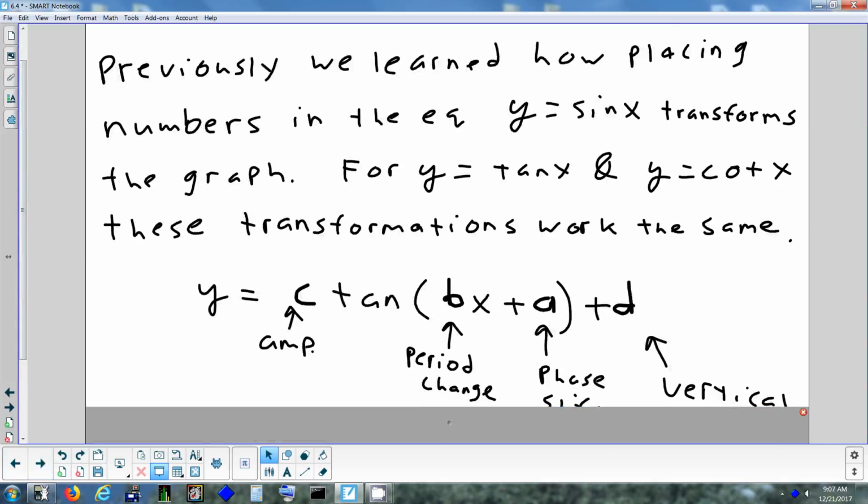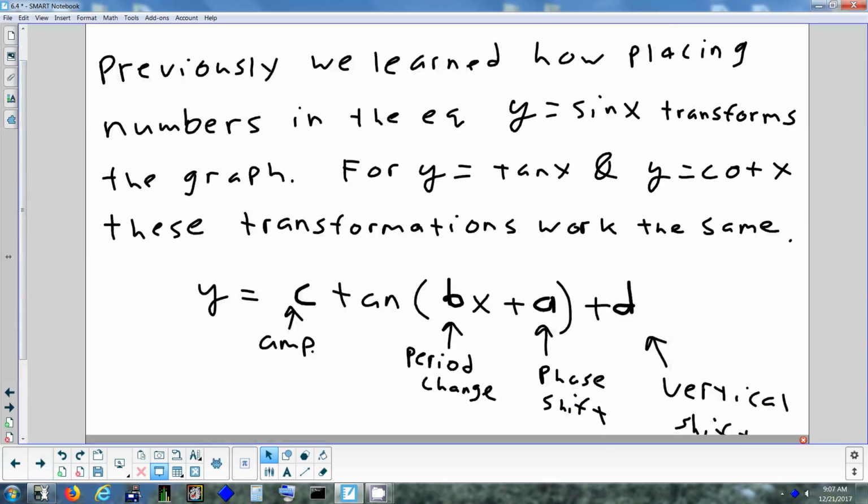Adding or subtracting outside, vertical shift. Be careful with all the stuff that's inside. It's all the opposite of what you would expect. So any questions on the transformations? I guess if you wanted to write anything down, you could write that, and that summarizes everything.